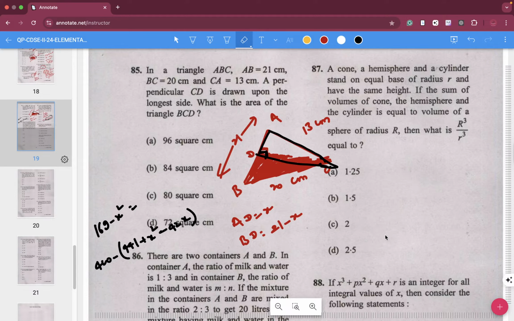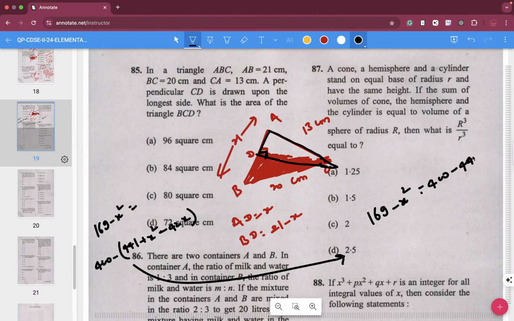In that case, 169 minus x square is equal to 400 minus 441 minus x square plus 42x. Now x square and minus x square, these two are gone. Now we have 169 is equal to minus 41 plus 42x.